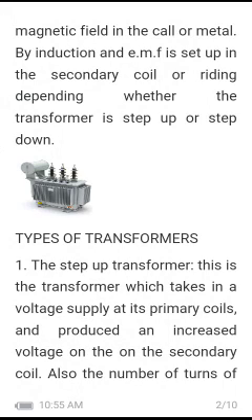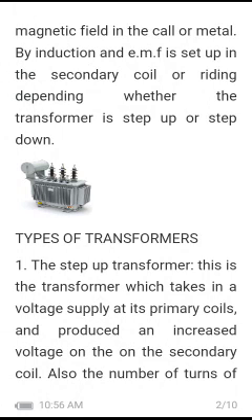An EMF is set up in the secondary coil or winding, depending on whether the transformer is step up or step down. Correct that one. It is winding and not riding.